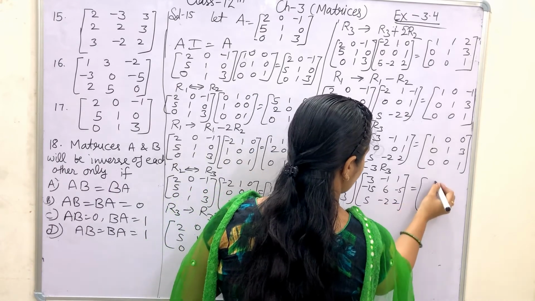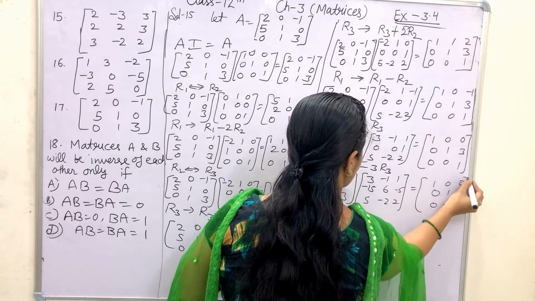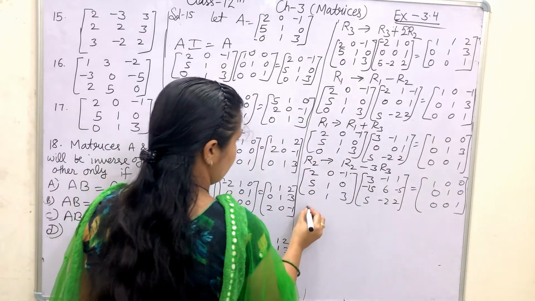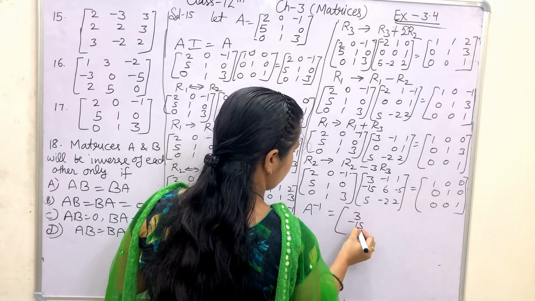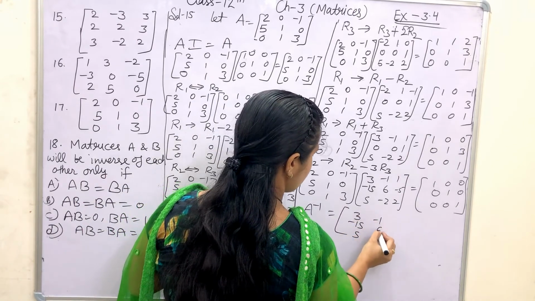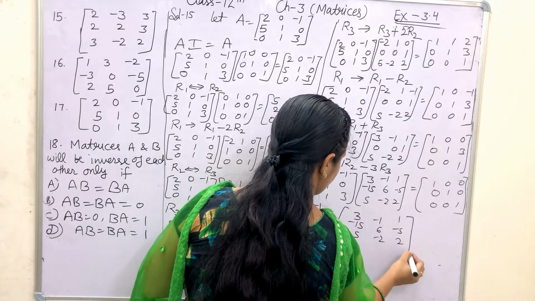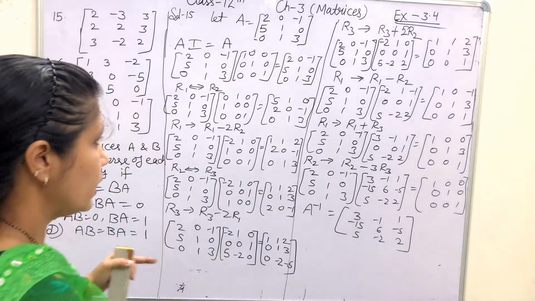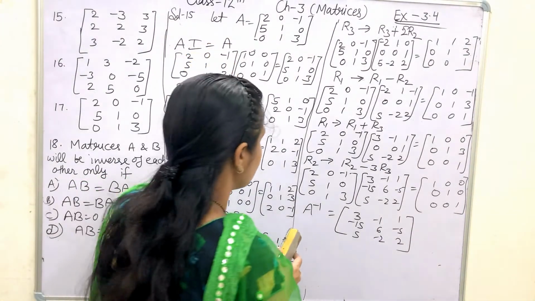Here we can write 1 0 0, 0 1 0, 0 0 1. So we get our A inverse, that is 3 minus 1 5, 5 minus 1 6, minus 2 1 minus 5 and 2. This is our A inverse of this given matrix.